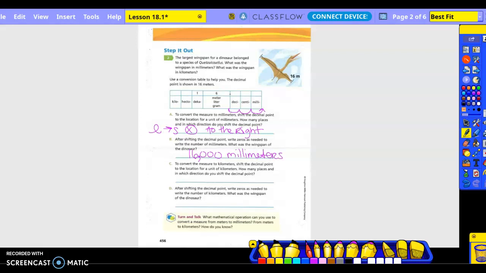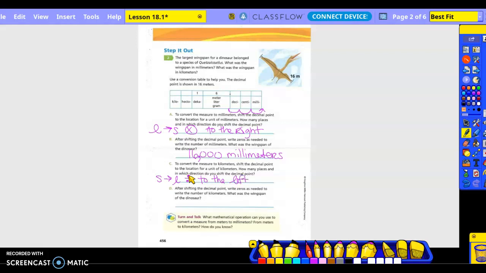To convert the measure to kilometers, shift the decimal point. So basically, are we going larger to smaller this time or smaller to larger? We're going smaller to larger this time. So that means we're going to divide. So we're going to go to the left.